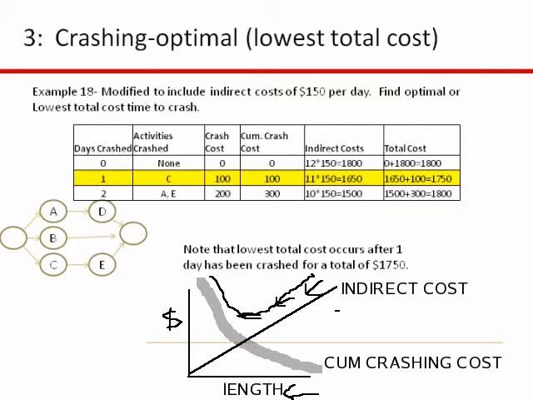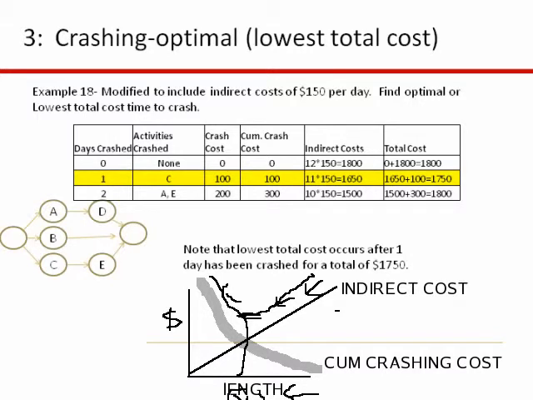There's only one minimum, and you will know you hit it because then you're going to start going up in cost. All right, so you're going to keep crashing until these total costs go to a minimum and you start seeing them go back up. And that is going to tell you what your length or how much to crash. All right, so that's kind of the conceptual overview here.